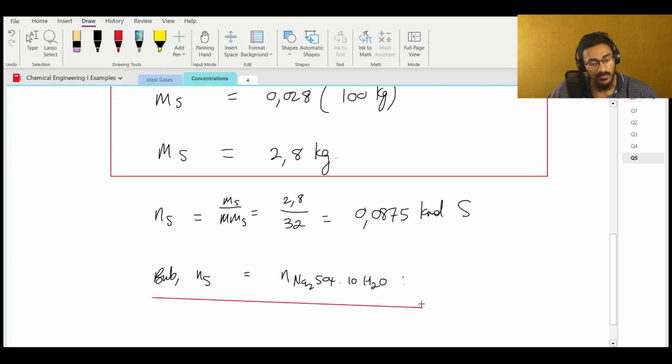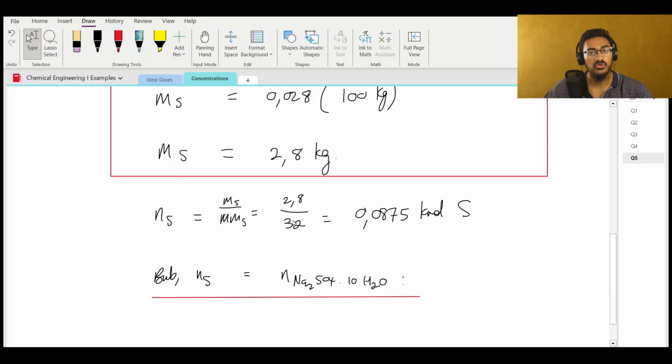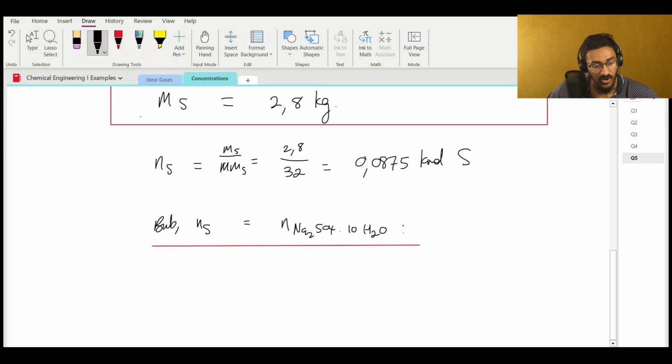Remember, I need 1 mole of sulfur, 4 moles of oxygen, 10 moles of water, and 2 moles of sodium, all stuck together to give me 1 mole of the entire salt. So for every 1 mole of sulfur there's going to be a mole of the salt. Okay, I hope you're okay with that.